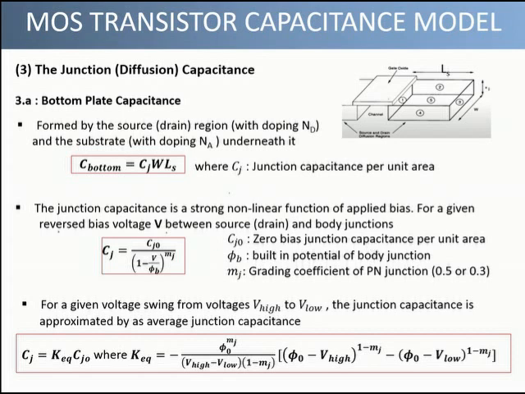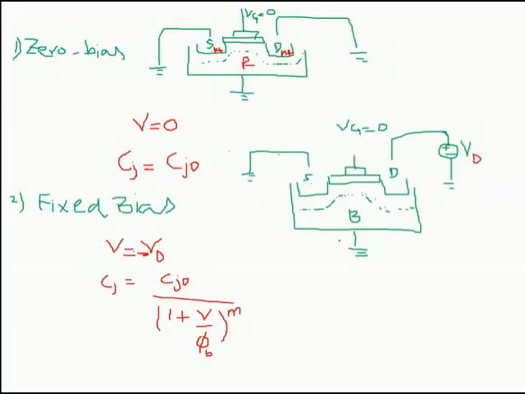The second condition is a constant bias condition, in which there is a fixed reverse bias voltage across the source body and drain body junctions. Consider a fixed bias situation for an NMOS transistor where the gate, source and body terminals are connected to the ground and the drain terminal is connected to a fixed positive voltage VD.